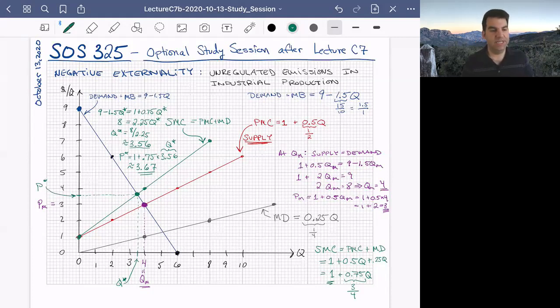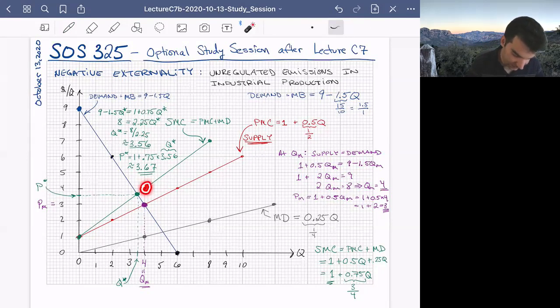So let's see if there are any other intersections that we are going to care about. This intersection right here is also one that we care about, and this intersection down here as well. This intersection right here allows us to calculate the producer surplus, and this intersection up here allows us to calculate the deadweight loss.